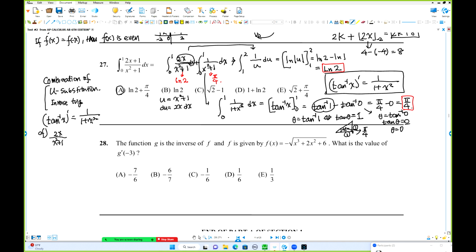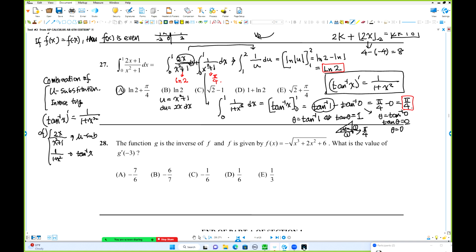This is not this form, right? That is not an arctangent antiderivative. This one, we have to use substitution, okay? The antiderivative of 1 over 1 plus x squared is arctangent, okay? Very similar, but this one has 2x, and this one doesn't have any variable, okay?